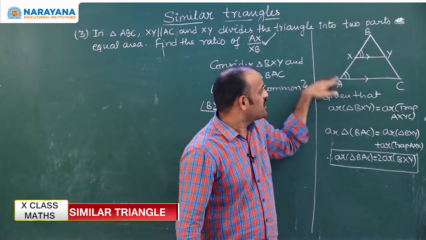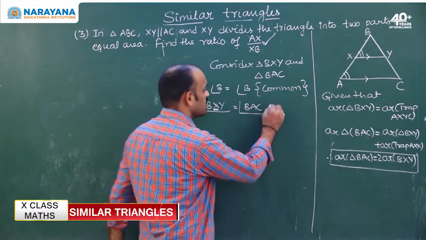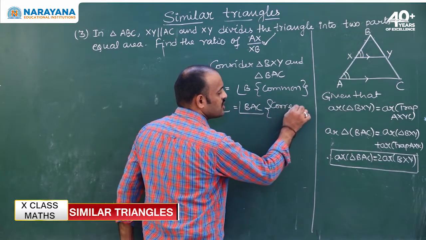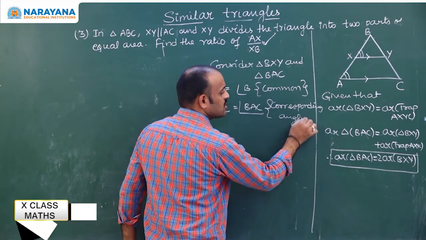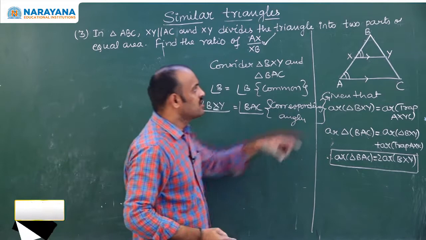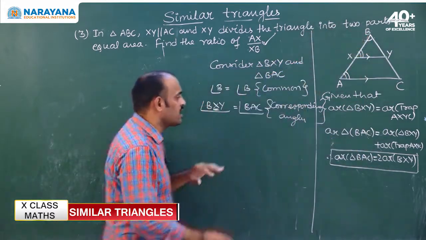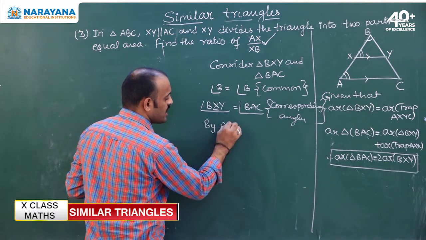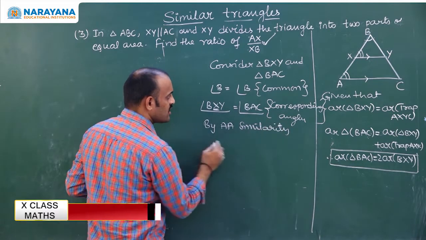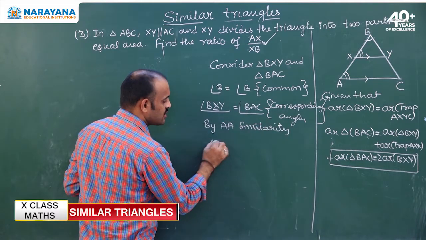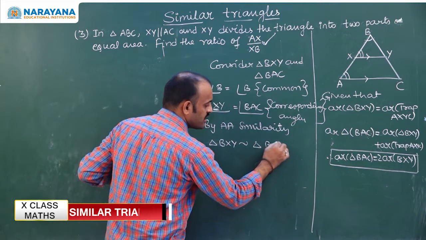Parallel lines cut by a transversal, their corresponding angles are equal. If two angles of the first triangle are equal to two angles of the second triangle, by angle similarity both the triangles are similar. Triangle BXY is similar to triangle BAC.